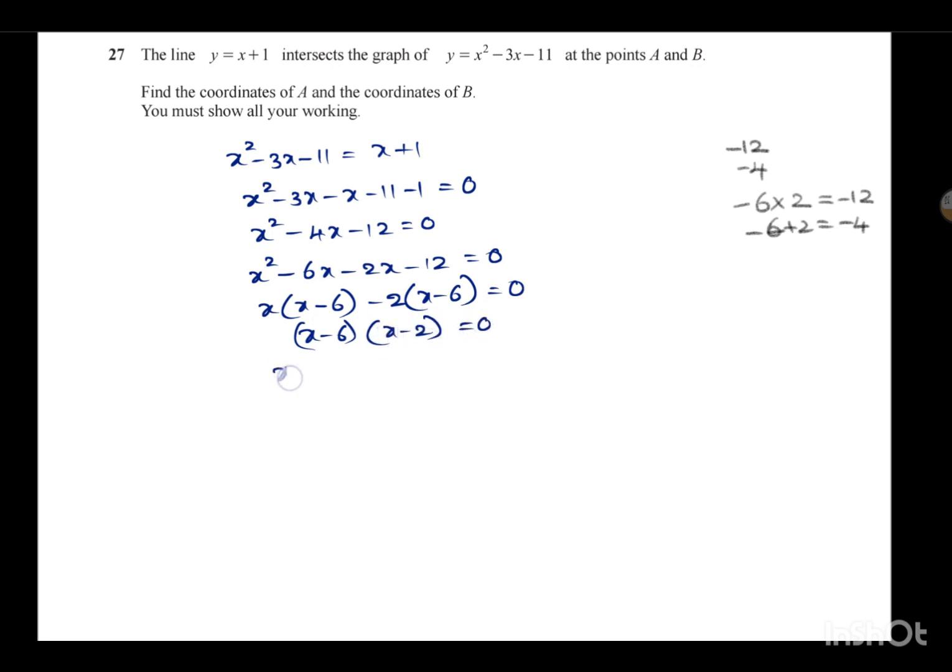Using these two, if x minus 6 is 0, x is 6, and if x plus 2 is 0, x is equal to minus 2. Oh sorry, I have made a mistake, it is minus 6x plus 2x, so I get plus 2 here. So x will be minus 2. So when x is equal to 6, y will be 6 plus 1 using this equation, which is equal to 7.